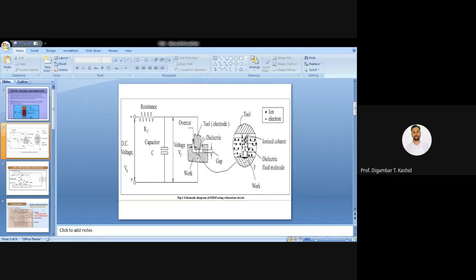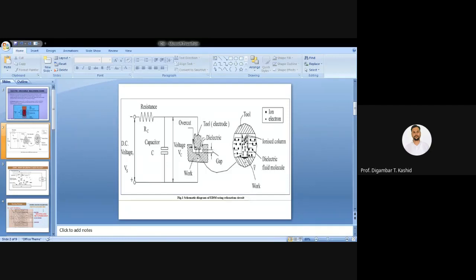Otherwise, if the applied voltage is less than the breakdown voltage, current does not pass through the dielectric fluid. Remember this point.